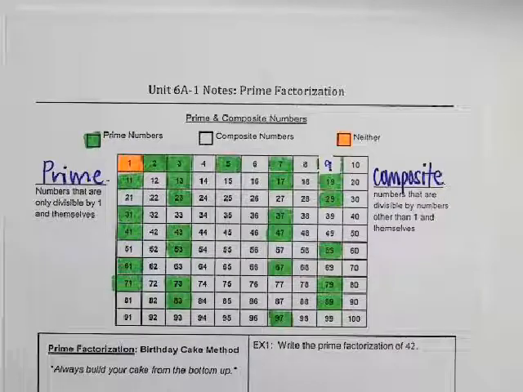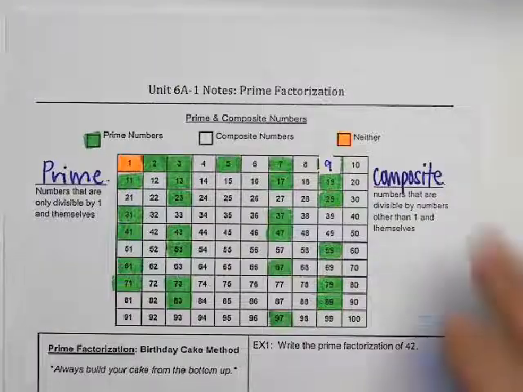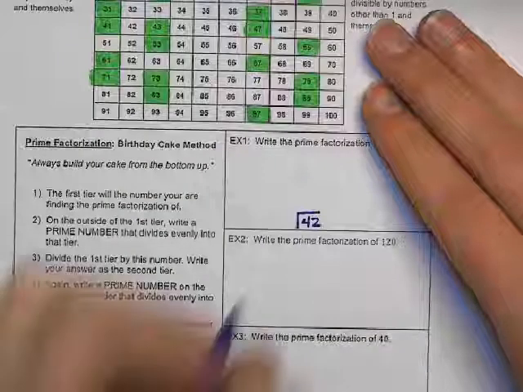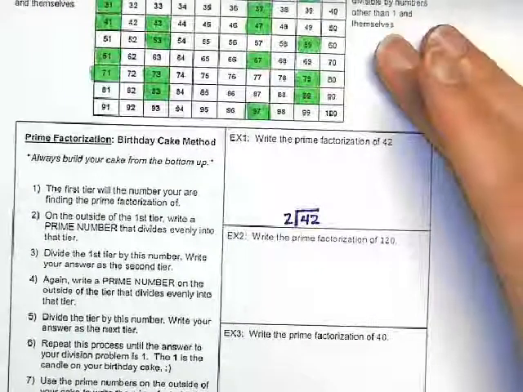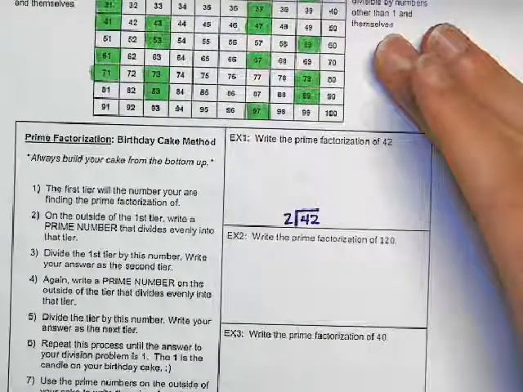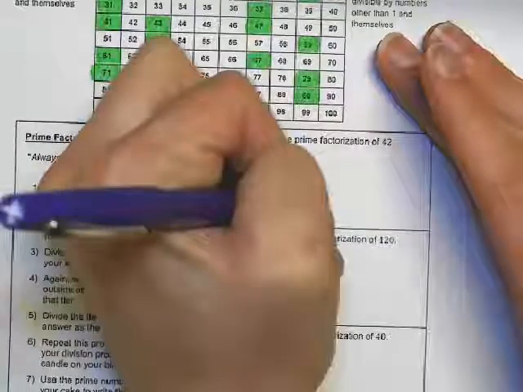And you start with the very first prime number. What is the very first prime number? 2. 1 is neither. So 2 is the very first prime number. And I say, can 42 be divided by 2? Yes, because it's even. So I'm going to put the 2 on the outside, just like a regular division problem. And then what is 42 divided by 2? 21. So that goes on top.